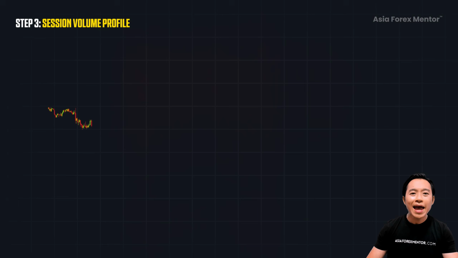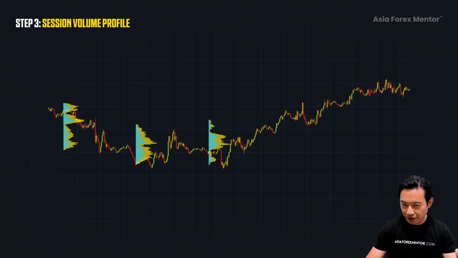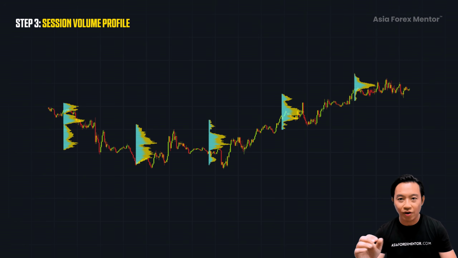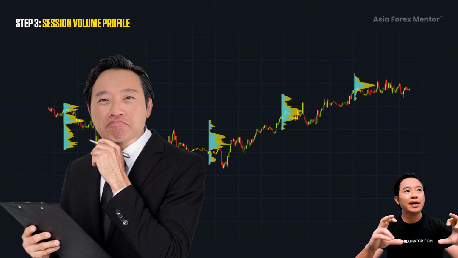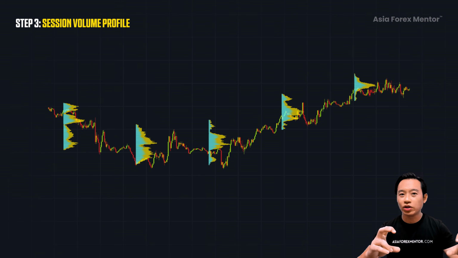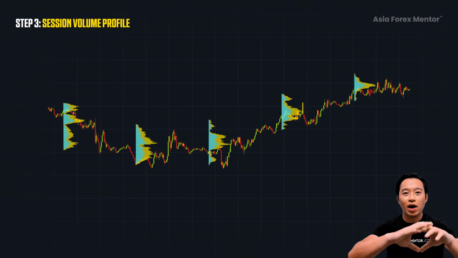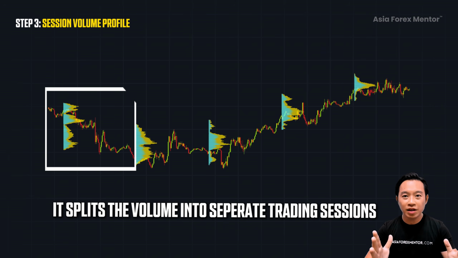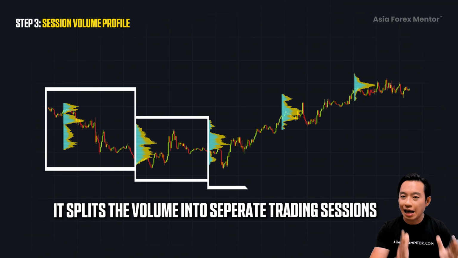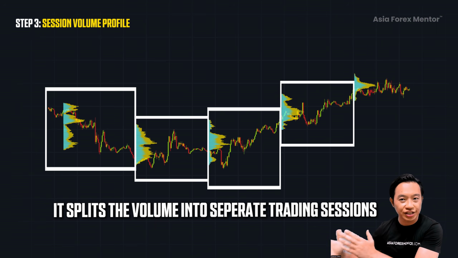All right, so now when you are trading the lower time frame, the session volume profile acts as a daily report card of what happens during that day itself. So now, instead of looking at one big chunk of data, it splits the volume into separate trading sessions.